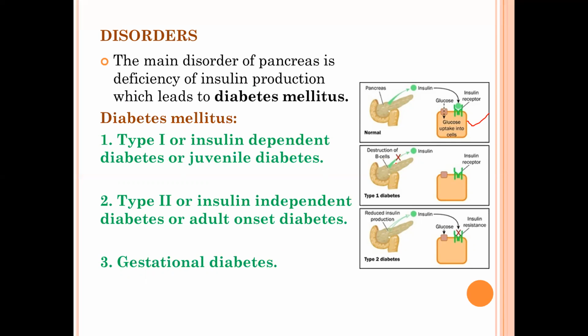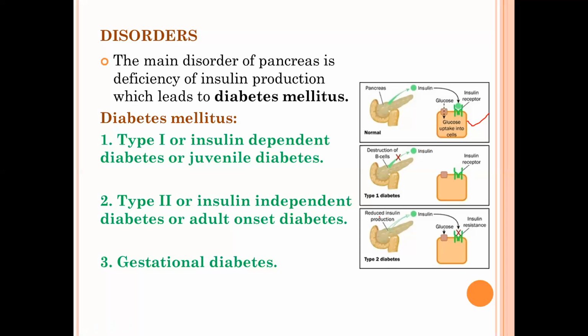Insulin production is completely stopped or completely reduced. As you can see at the arrow mark here, insulin is not produced at all. If insulin is not produced, there is no chance of binding to insulin receptors, and there is no uptake of glucose here.